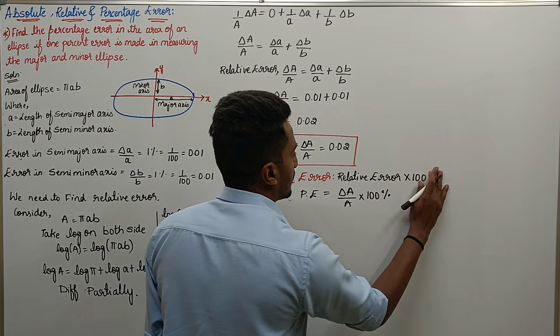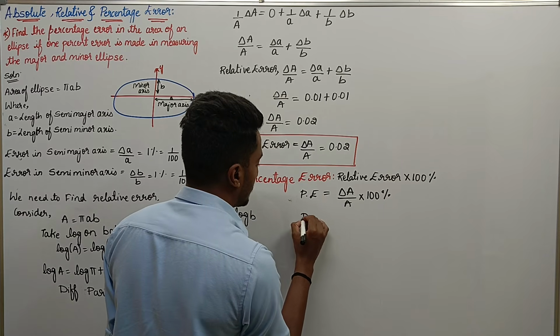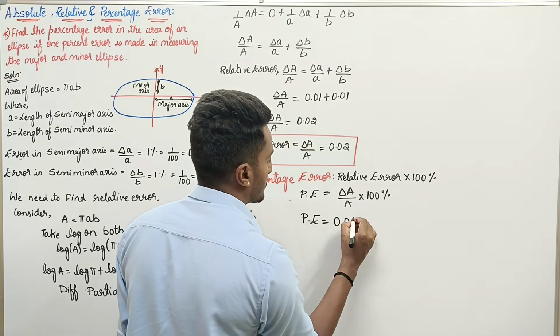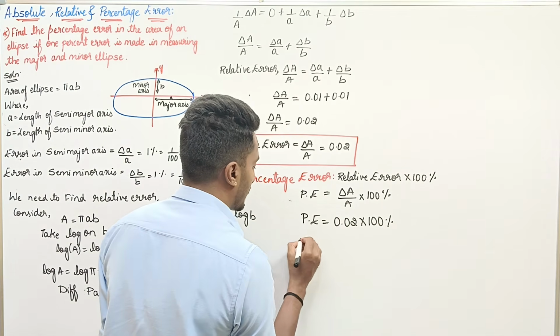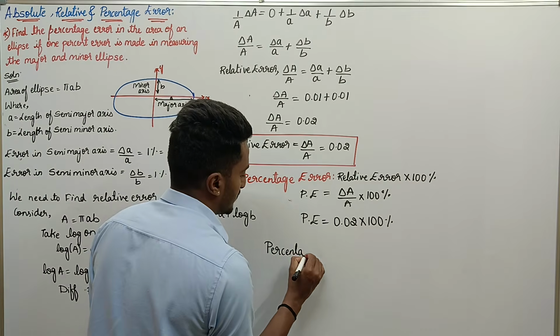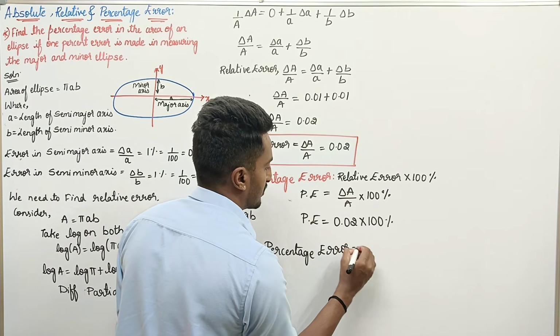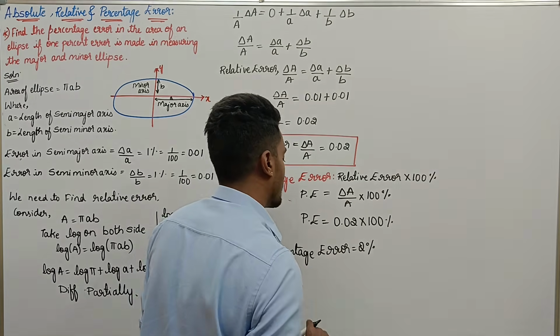Got the point? Now, what is del A by A? We have 0.02 into 100%. You should multiply to get the percentage error, which is equal to 0.02 into 100, and you get 2%.